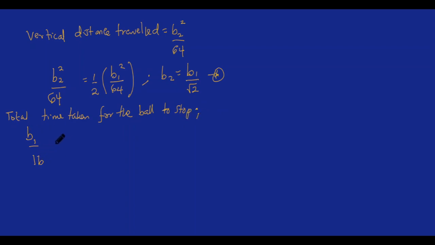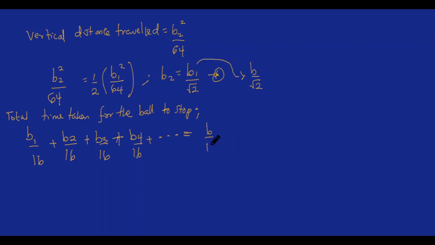So b1 over 16 plus, on the second motion, b2 divided by 16, b3 divided by 16, b4 divided by 16, and this goes on like that. So we can write all these in terms of b. Remember that b1 is the same thing as b, so b2 is b1 divided by root 2.